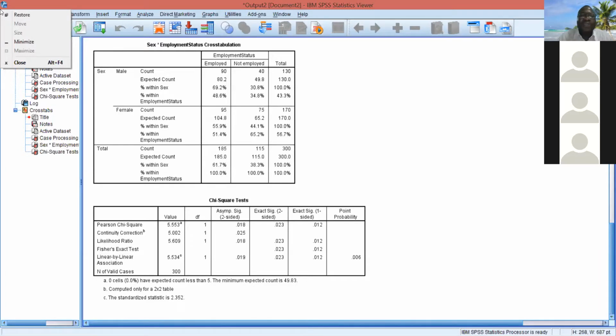If you look at the first one now, 69.2% of the male are employed, compared with 55.9% of female. It shows you that more males are employed than females. If you look at the proportion that are not employed, 30.8% of male are not employed, compared with 44.1% of female. It shows that fewer males are unemployed.